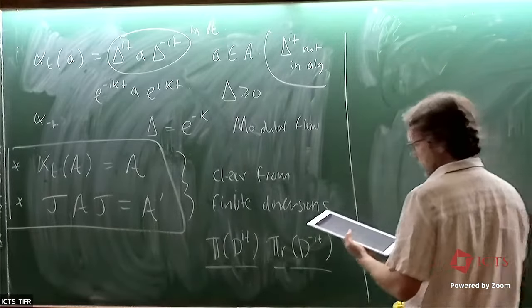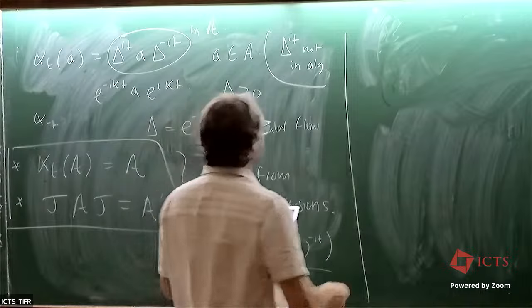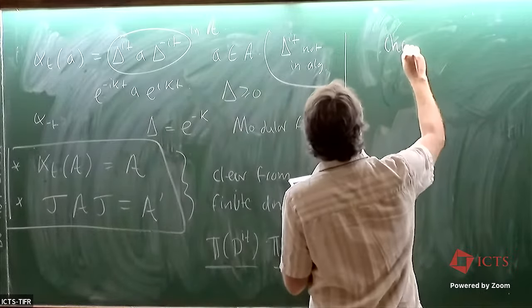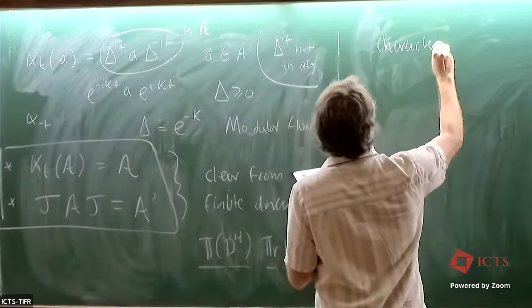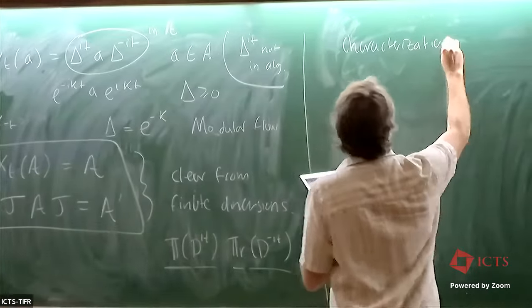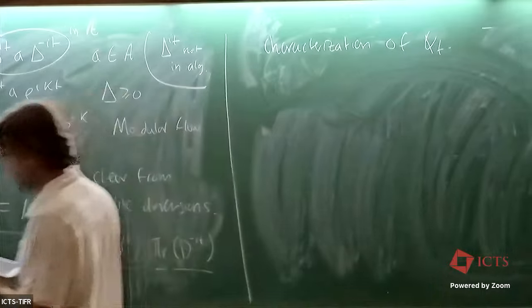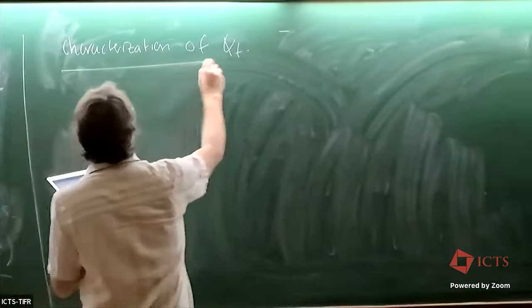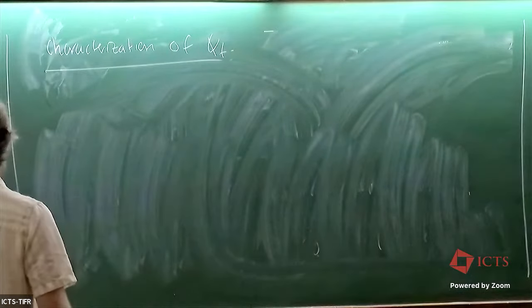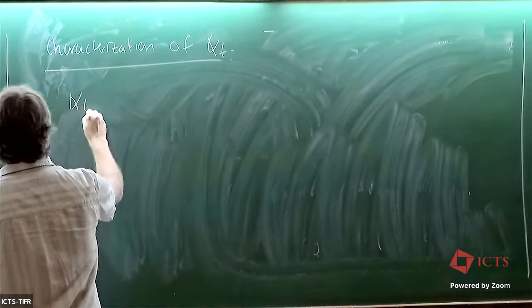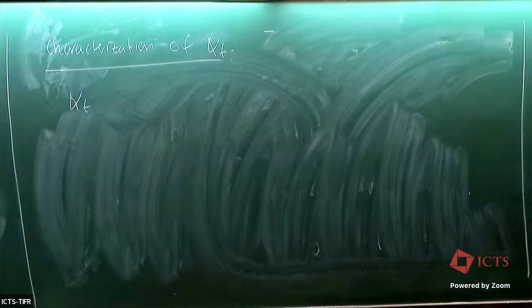Okay, good. So now another important thing is a characterization of this flow, alpha t. We have the following really nice result. This is called an automorphism of the algebra.